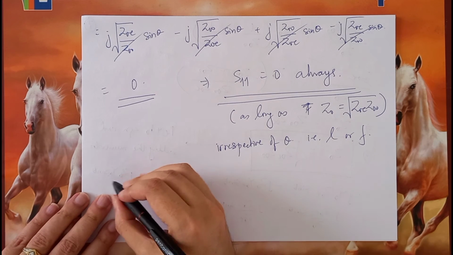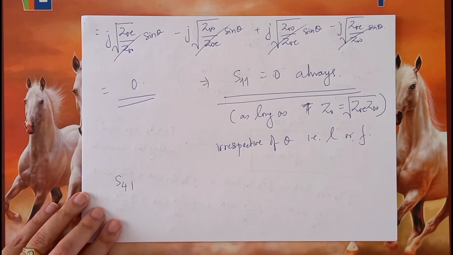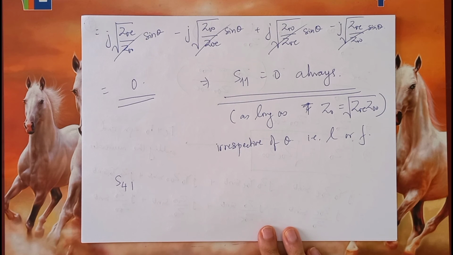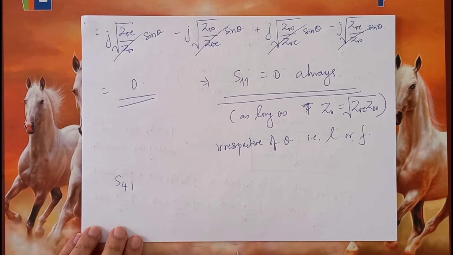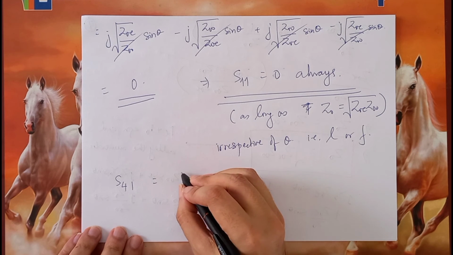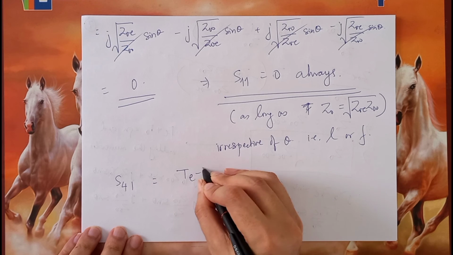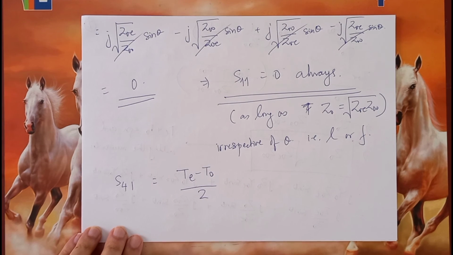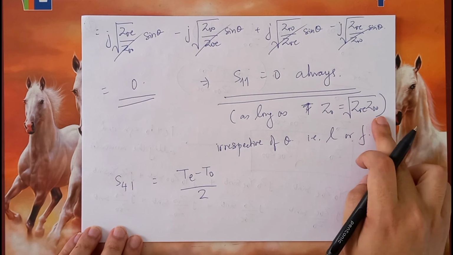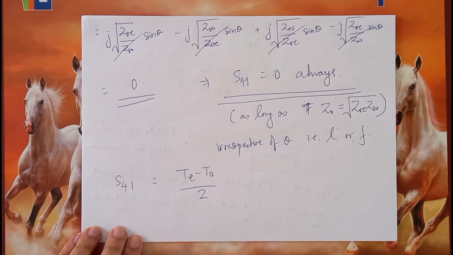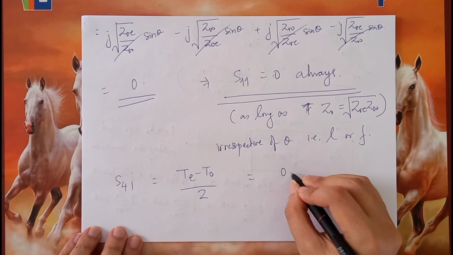Now, the other S parameter we wanted was S41. This is the isolation parameter for input at port 1. Port 4 should not receive any signal whatsoever. So what we can see is that S41 we got was TE minus TO by 2. Again, if you apply this same criteria into the TE and TO equation, you can put that this is 0.